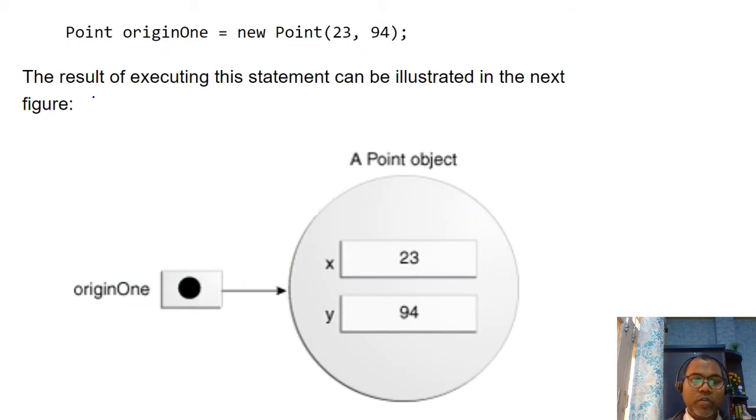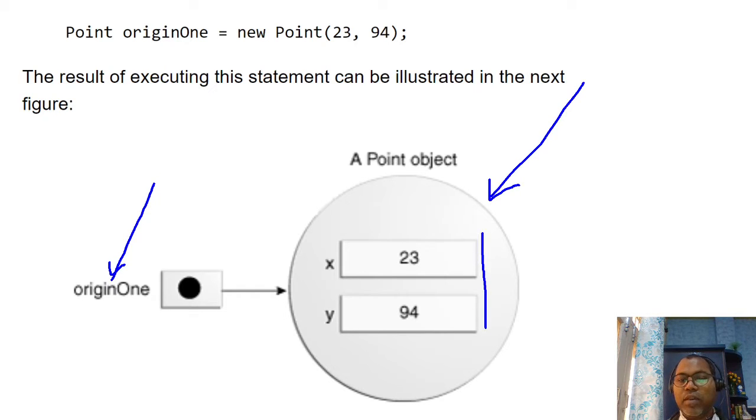So be clear: this is your reference, this is not an object. This is an object, and that object has two attributes, x and y, allocated in your heap memory, and this is a reference variable that refers to this object.